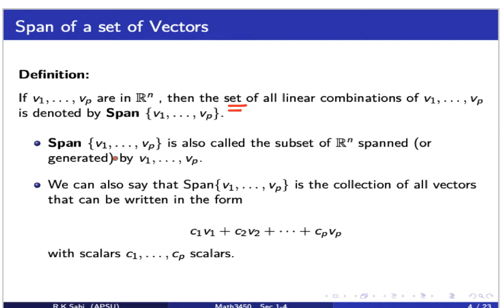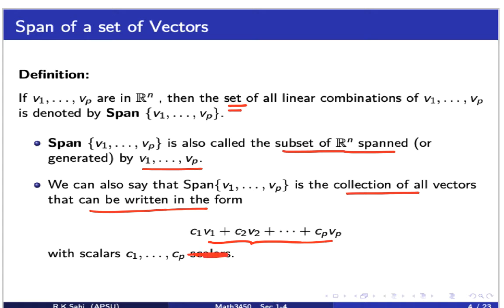This span is also called the subset of Rn spanned or generated by the vectors v1 to vp. We can also refer to it as the collection of all vectors which can be written as a linear combination of the vectors v1 to vp with scalars c1 to cp.